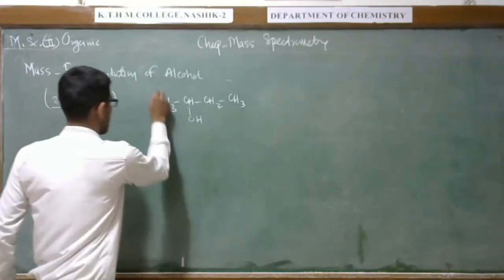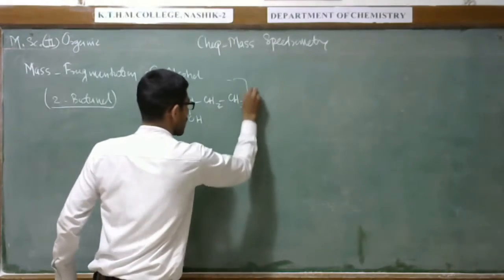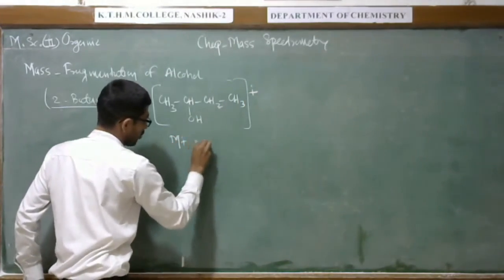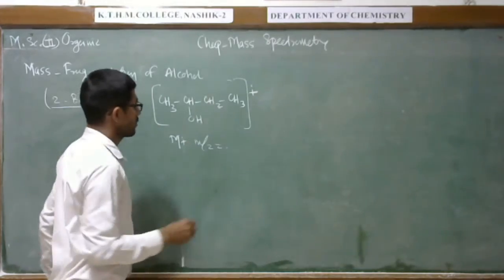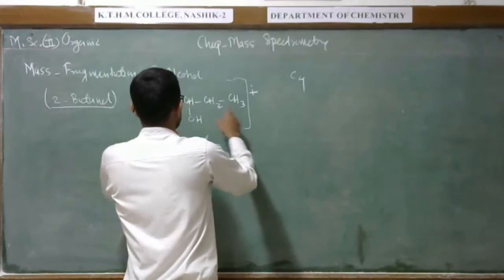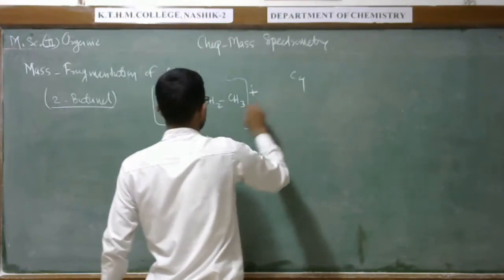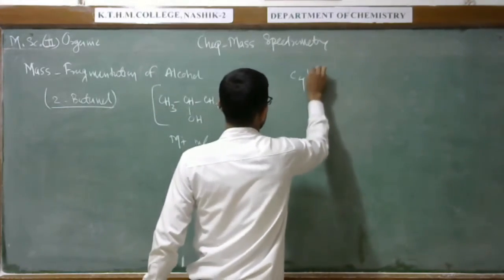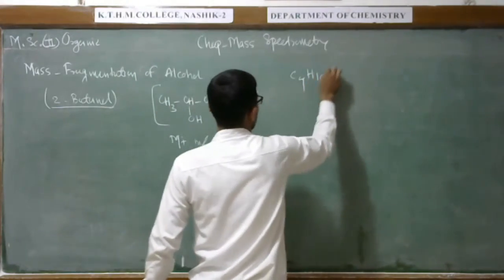Suppose I write here this is the molecular ion after bombarding. We can write the molecular ion like this, with its mass to charge ratio. This compound contains 4 carbon, and the number of hydrogen is 10, and 1 oxygen.